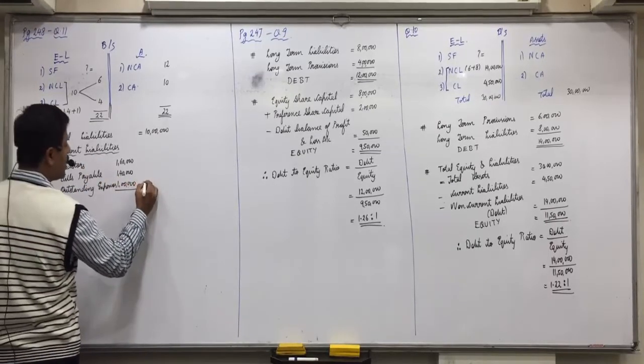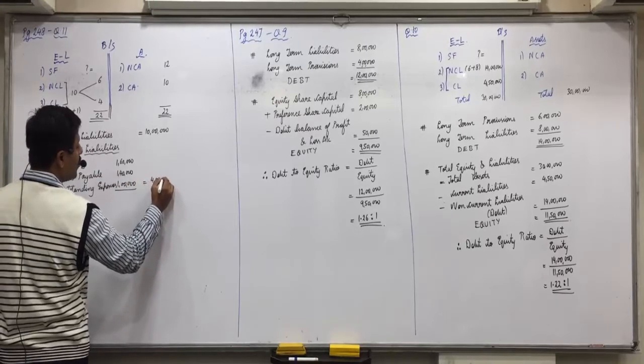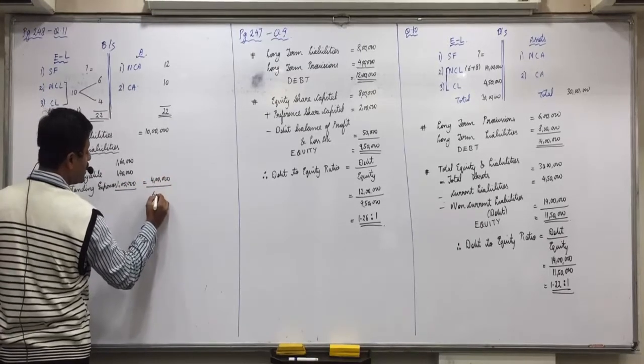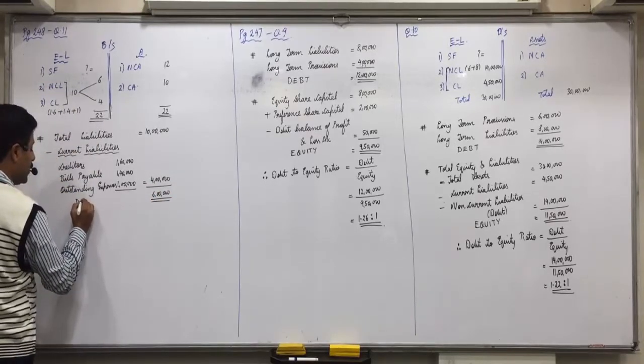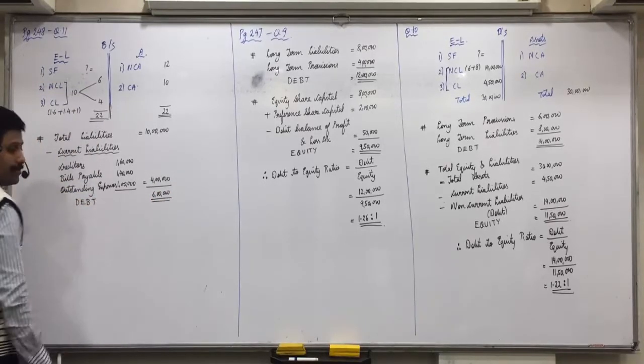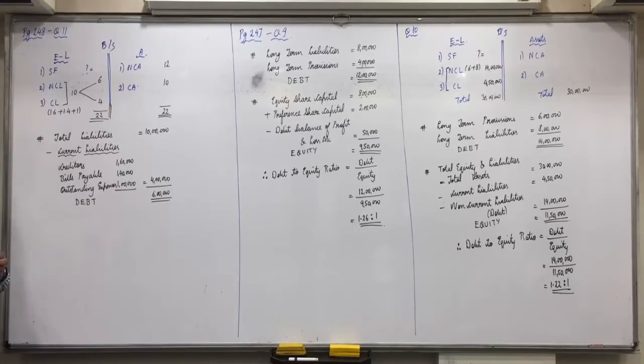Means 4 lakhs are current liabilities. If you minus that, then 6 lakhs are non-current liabilities, which is debt. Is everyone clear with this? Yes, sir.